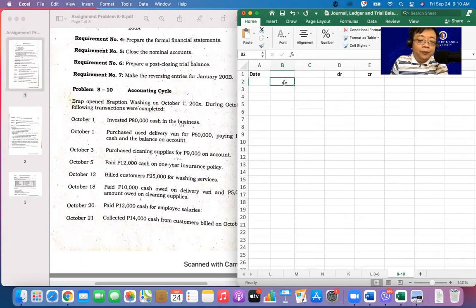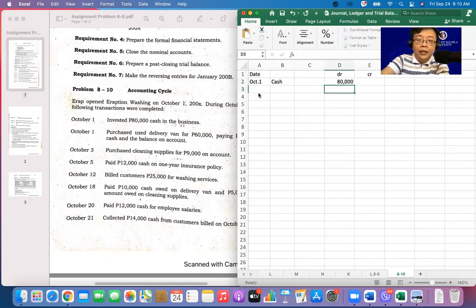Number one, October 1: invested 80,000 cash in business. What is the entry here? Very good. So you have here October 1. The entry, of course, is your cash, worth 80,000.